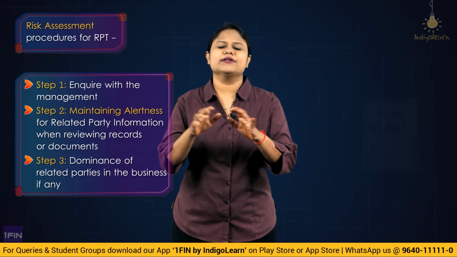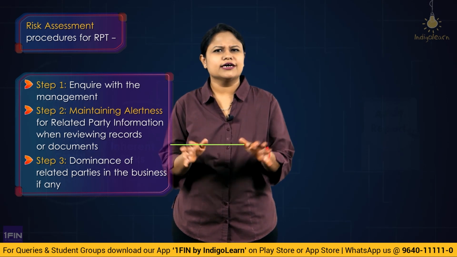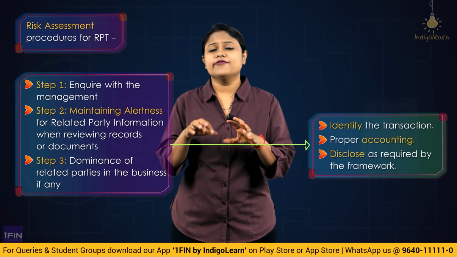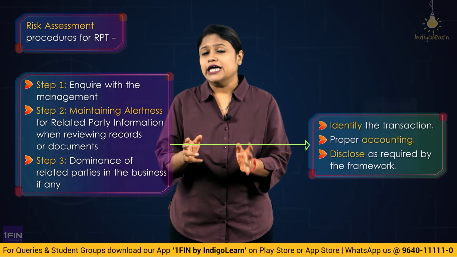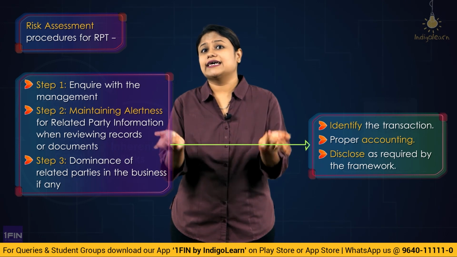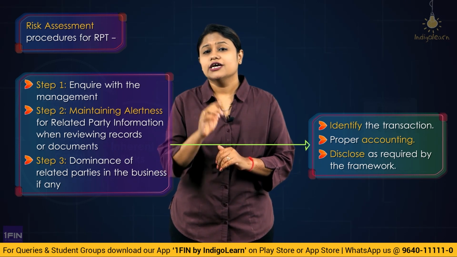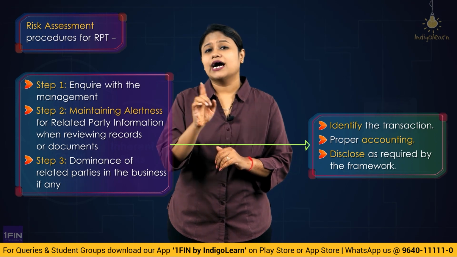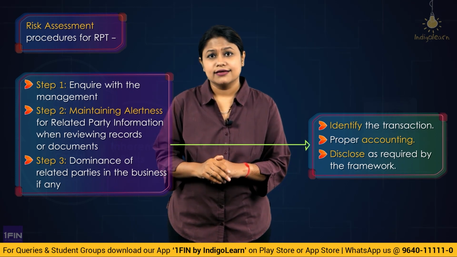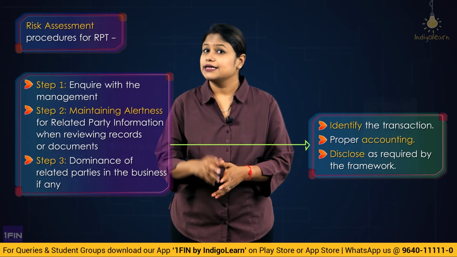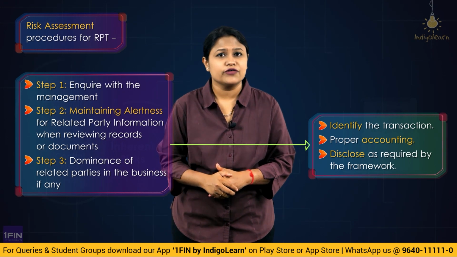These things will enable the auditor to understand whether a related party exists. If existing, what is the nature? If you understand the nature, is there a relationship, a transaction? And if there is a transaction, whether it has been identified, accounted for and disclosed correctly. Because if any of this is not done, it is a risk that we have to look into in detail.